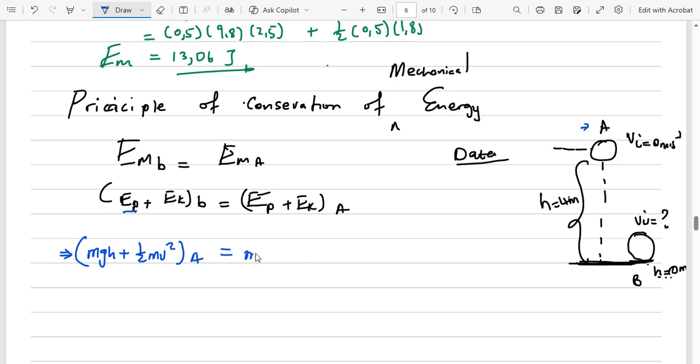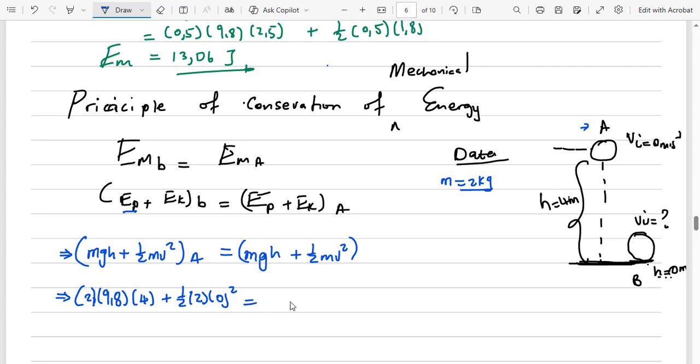We equate this to mgh plus EK, which is 1 over 2 mv squared, at B. Now the mass of the ball is 2 kg, so where there's m, I'm going to put 2. Then 9.8. The height at A is 4, so I put 4. Then I add 1 over 2, the mass, which is 2, and the velocity at A, 0.